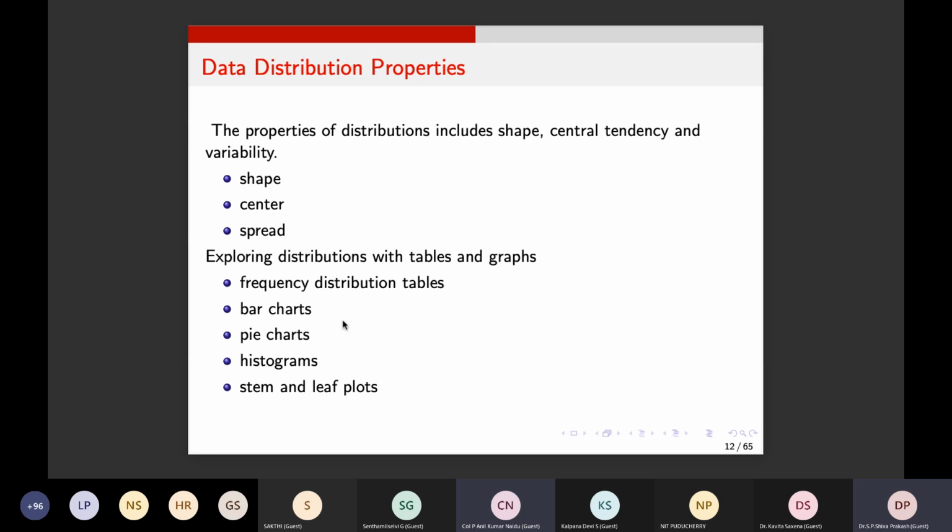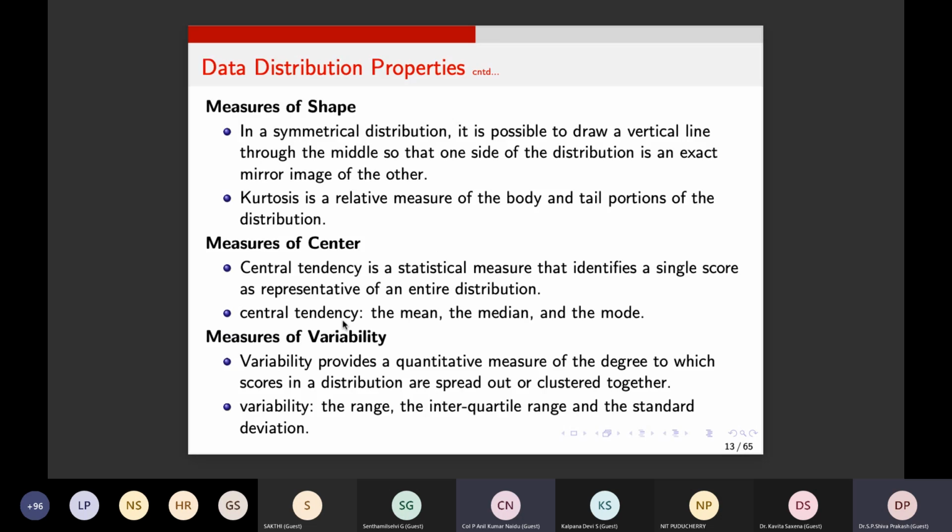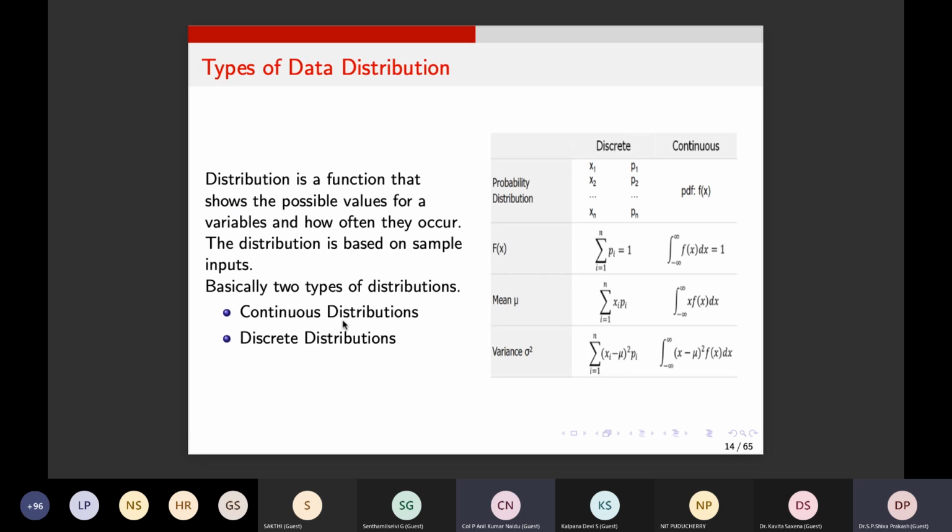Okay, so what are the types of data distribution? Just to summarize, a distribution is a function that shows the possible values for a variable and how often they occur. So it is based on simple inputs. We have two types of distributions: one is continuous distribution and another is discrete distribution, right?